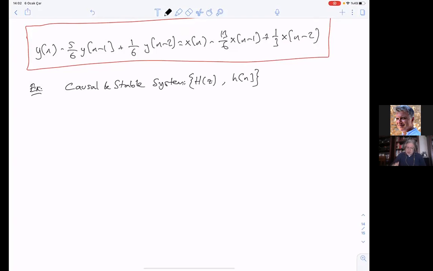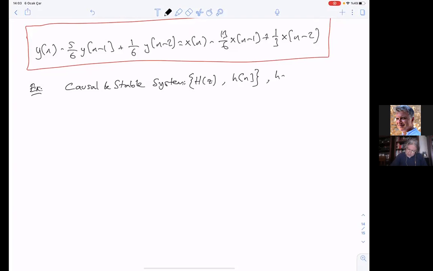And we know that since it is causal, the region of convergence of H of Z is to the outside of some circle. And since it is also stable, that region includes the unit circle. So the poles are inside the unit circle.